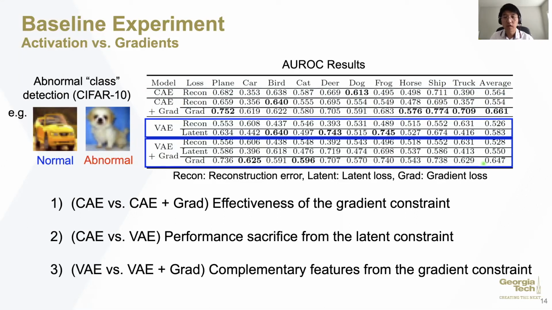Finally, we compare VAE and VAE trained with gradient constraint to highlight complementary features from the gradient constraint. Gradient loss from VAE plus grad achieves improved performance in comparison with VAE. Also, the performance sacrifice from the latent loss is marginal in VAE plus grad. These show that gradient representations can provide complementary features to the activation-based representations.